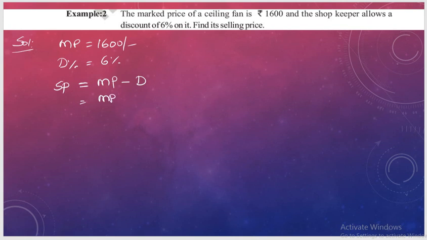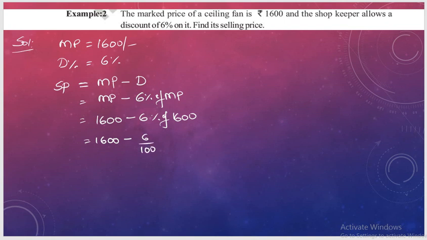But here discount percentage is given. So from this what can I say? MP minus 6% of MP, because discount percentage is always calculated on MP, right? So this I can write as 1600 minus 6% of 1600. So 1600 minus 6 by 100 into 1600.